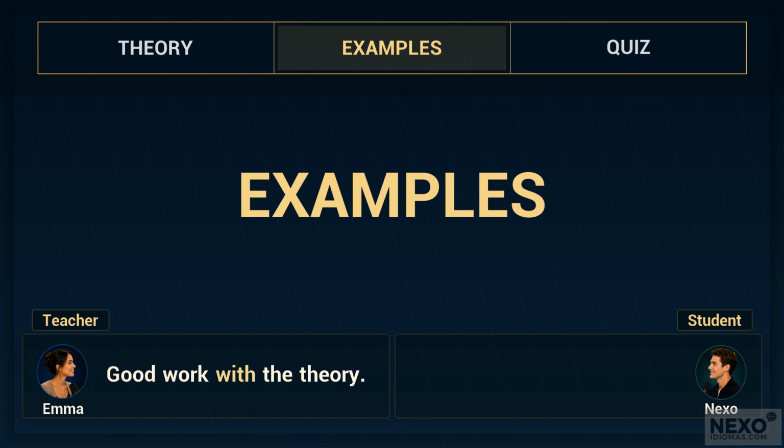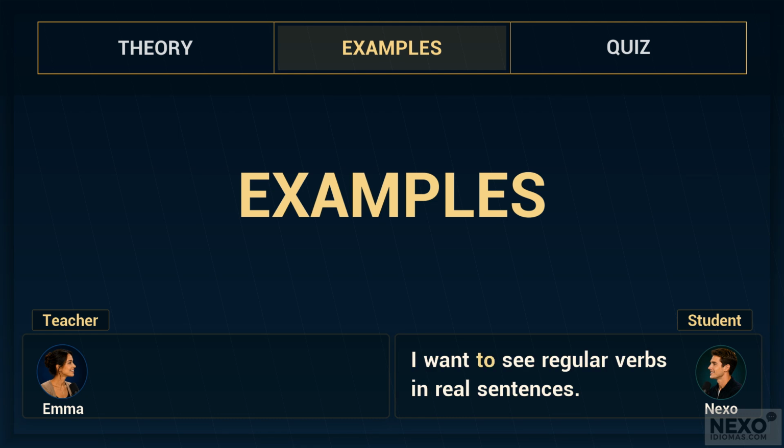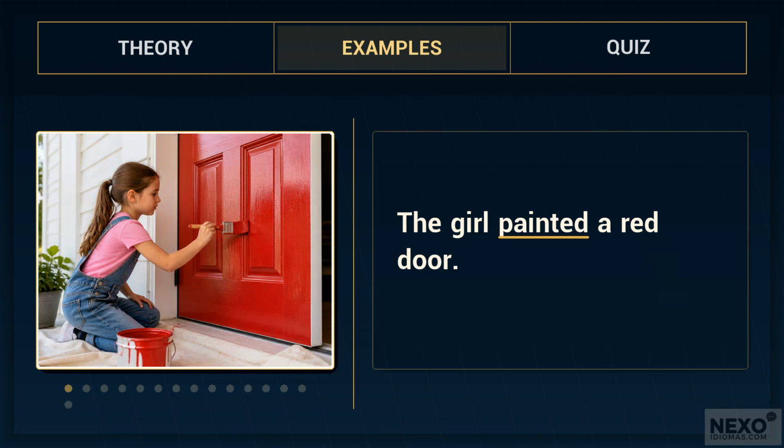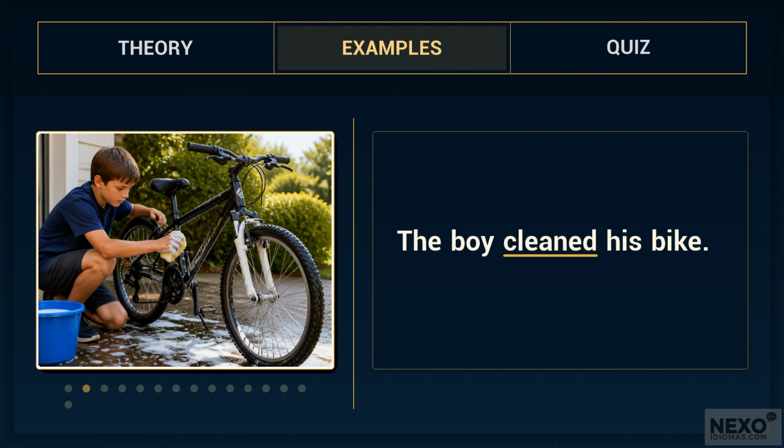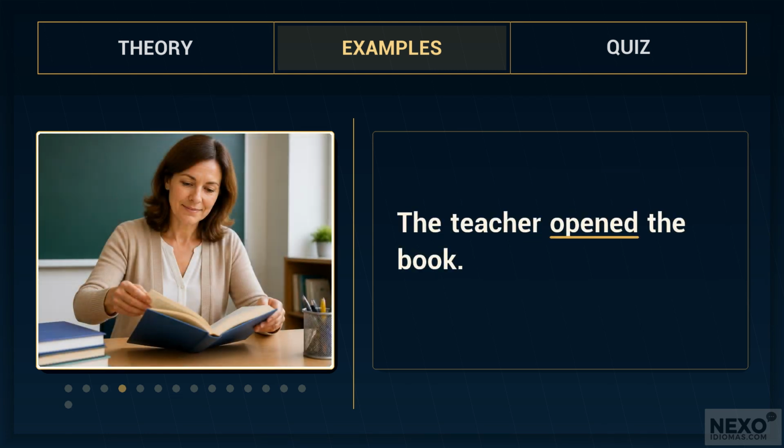Good work with the theory. Now we use more examples. I want to see regular verbs in real sentences. The girl painted a red door. The boy cleaned his bike. My sister washed the plates. The teacher opened the book.